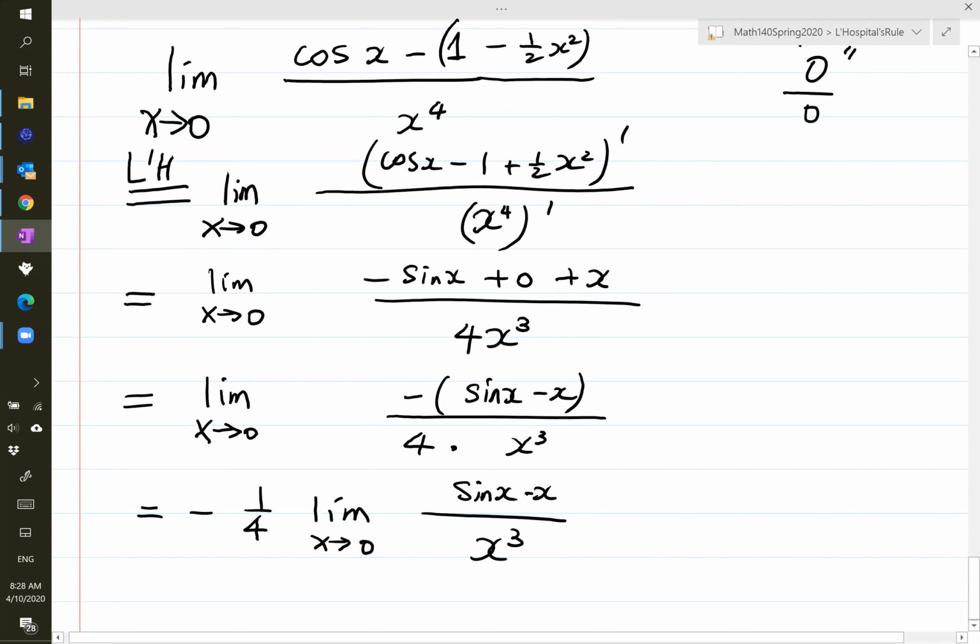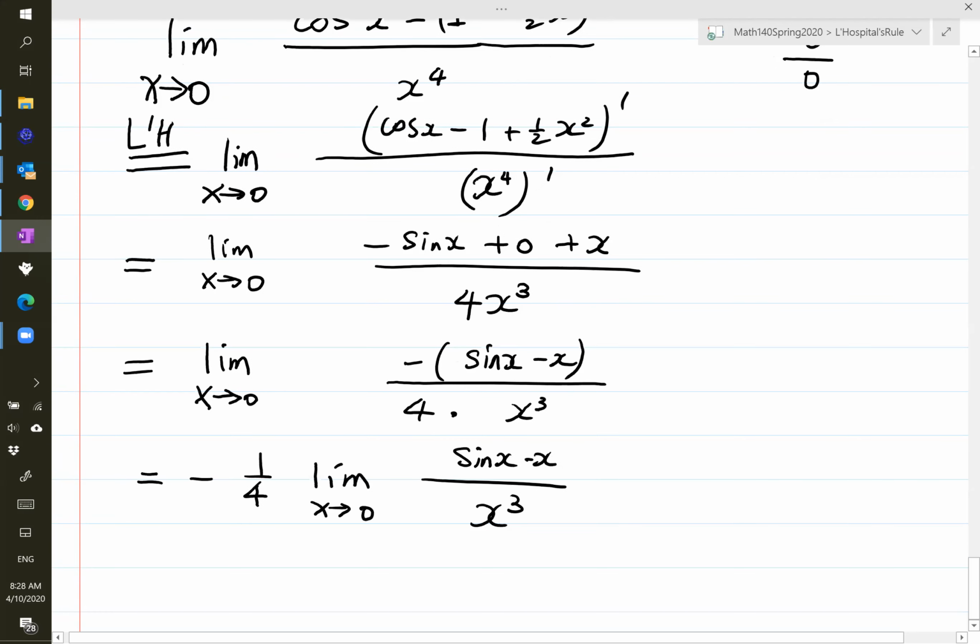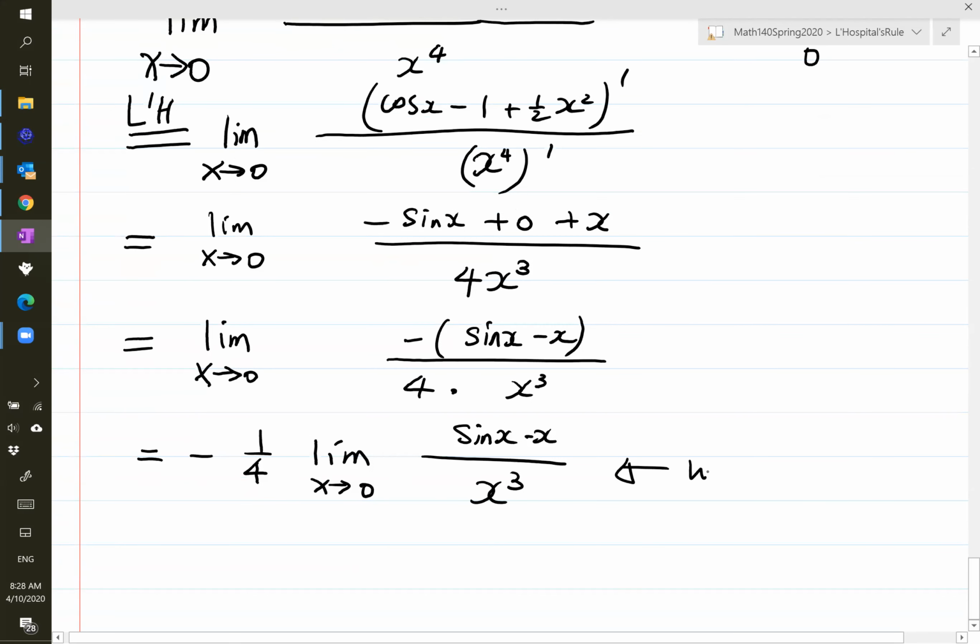Now this limit, sine x minus x over x cubed as x goes to 0, we just did this limit. You check what we did.